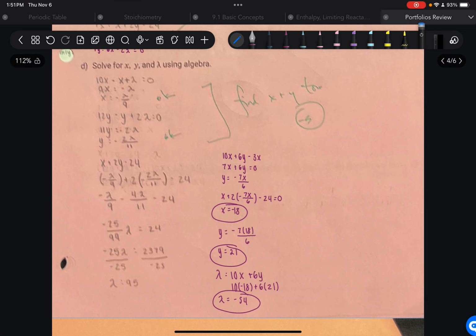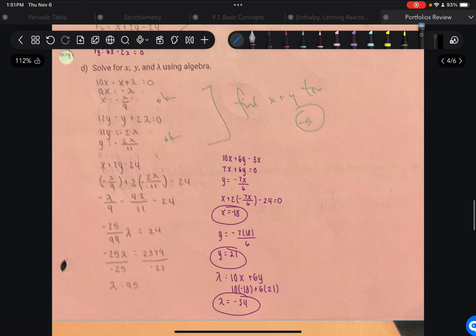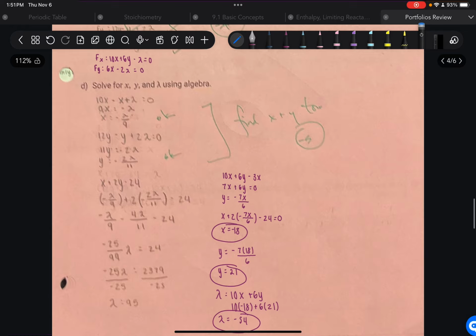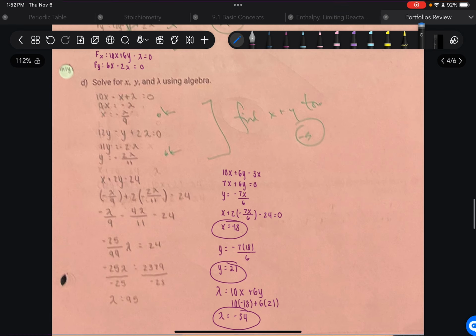I was a little confused on how to do it, but then when I went back and redid my work, I found y and then substituted that in for x. I found x that way, and then I substituted this back into this equation. I got y, and then I found lambda using this equation up here, f of x, since a lambda was in that equation. And then I found my right values.